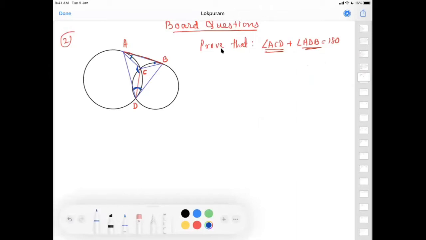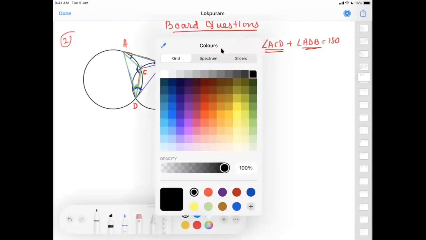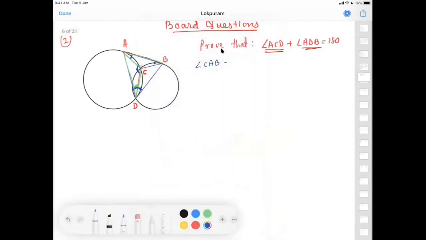Look, first I will take angle CAB. Angle CAB is which angle? This one. Let me mark it with a green line. This angle is made by the tangent and chord, and it is equal to the angle in the opposite segment. So we can say angle CAB is equal to angle ADC, or you can write angle CDA.